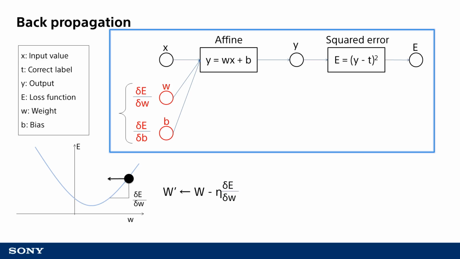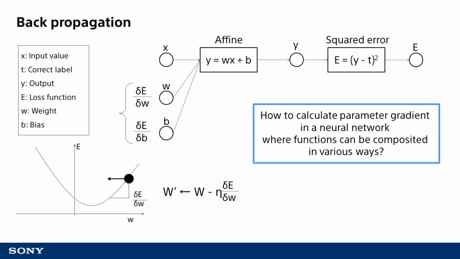Next, I will explain how to obtain this gradient. This is an extremely simple neural network that only uses affine and square error, but by combining these functions, a very complex computational graph is created. And it is necessary to update parameters in such a complex computational graph.